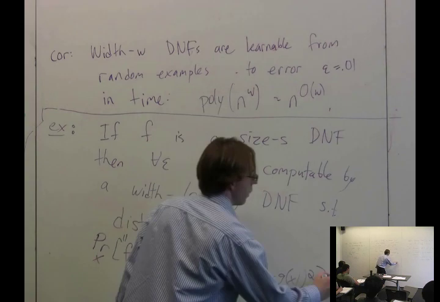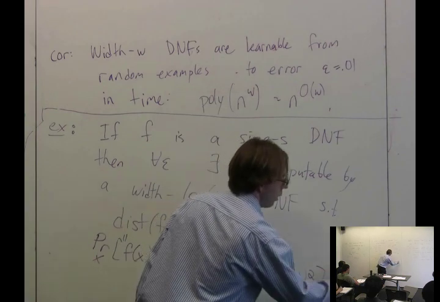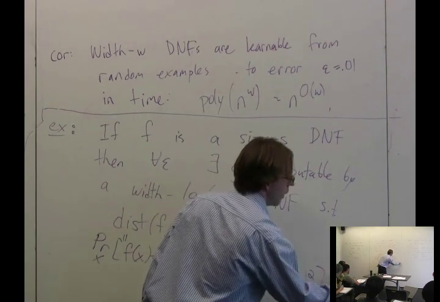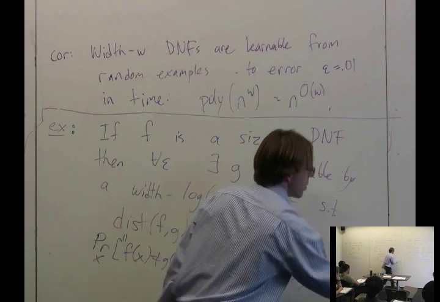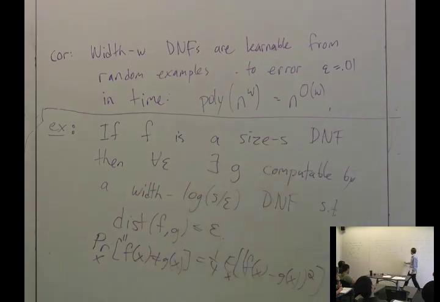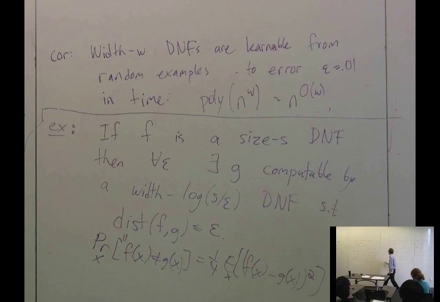And this is a quarter of the 2 norm of f minus g squared, which is a quarter of the sum over S of (f hat S minus g hat S) squared by Parseval.